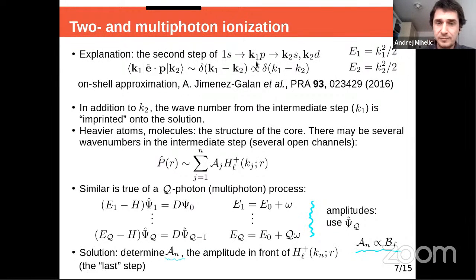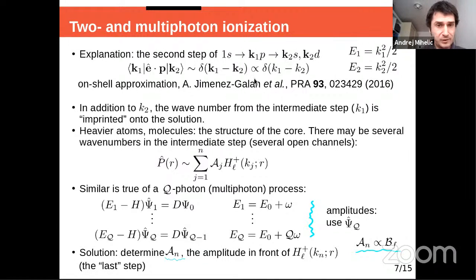The second step of this two-photon absorption path is described by the continuum dipole matrix element, which has this kind of form. Now, if K1 and K2 were plane waves, it would be clear immediately that this dipole matrix element is proportional to the delta function in K-space. So it is different from zero only when K1 and K2 are equal.